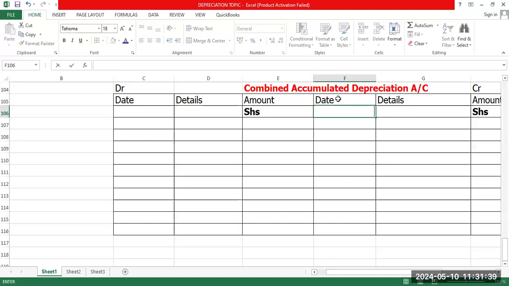So the account we are preparing is not the combined accumulated depreciation, but it is the disposal of assets account.